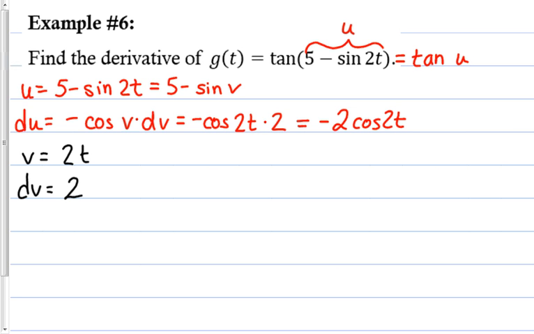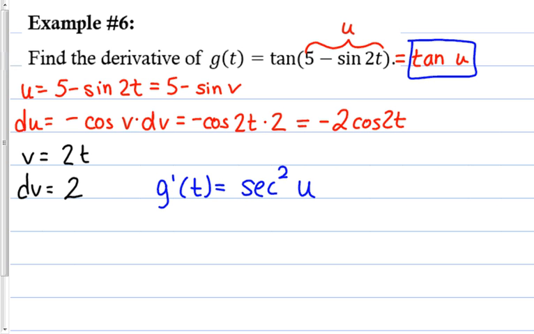Now I get to actually derive the function. So I'm going to derive this. So tangent u. Let me write g prime of t. All right, so the derivative of tangent is secant squared of u. But because this is a chain rule, times du. So I have secant squared.